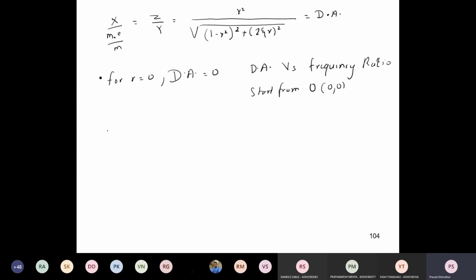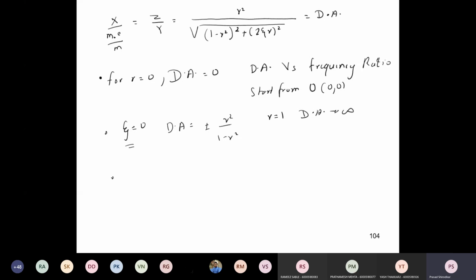Now for zeta equal to 0, dimensionless amplitude becomes plus or minus r square upon 1 minus r square. So when r is equal to 1, dimensionless amplitude goes to infinity. So for an undamped system at resonance, this dimensionless amplitude goes to infinity.